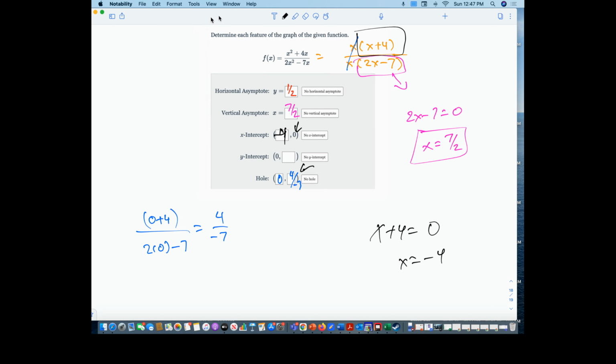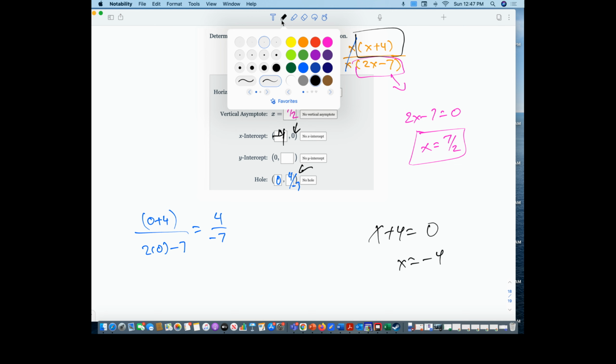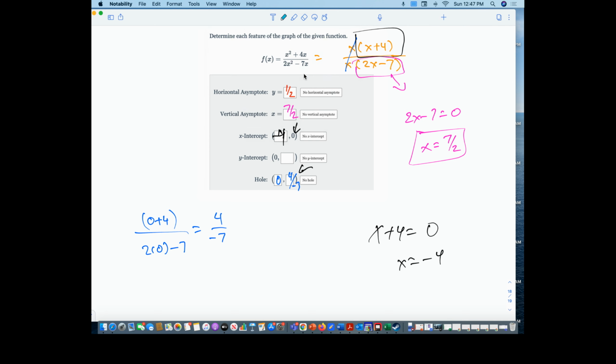Okay. All right. So the last bit is the y-intercept. The y-intercept is, let's do, I like light blue, when x is 0. So if x is 0, we're going to plug into the simplified version. So if x is 0, you have 0 plus 4 over 2 times 0 minus 7.